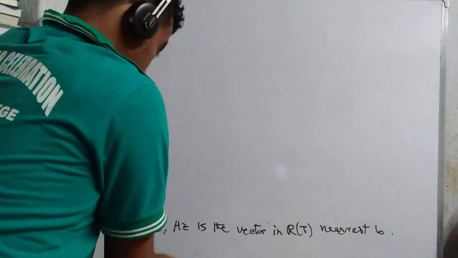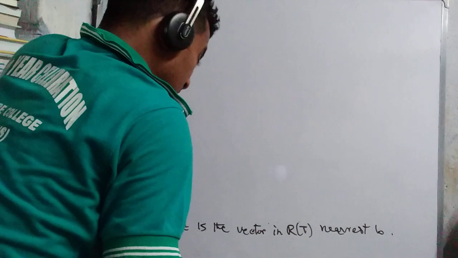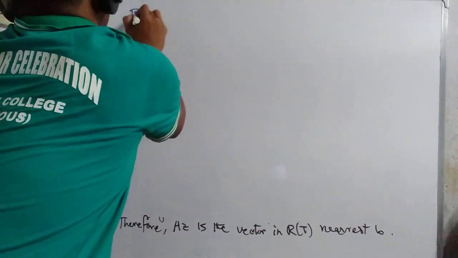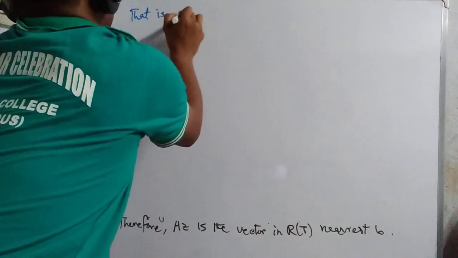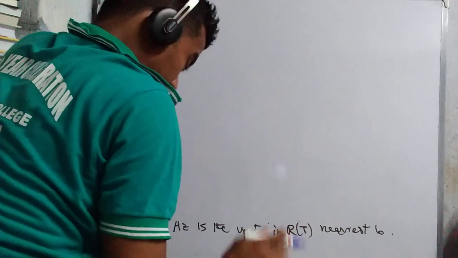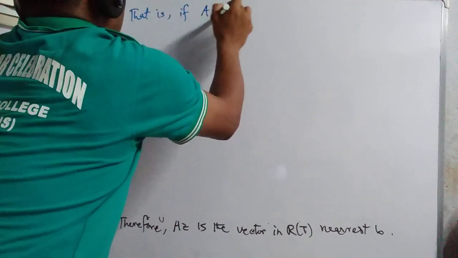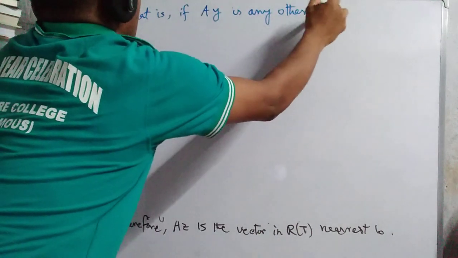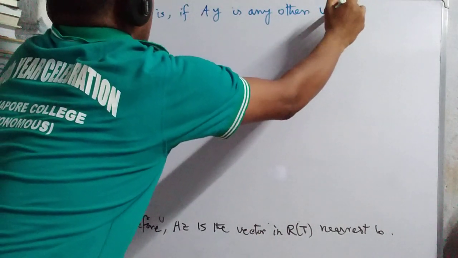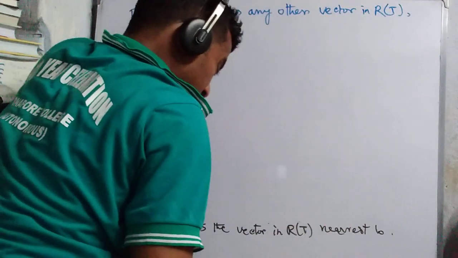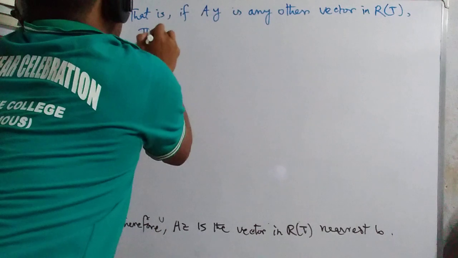Okay, here that is, if Ay is any other vector in Rt, okay, then what happened?